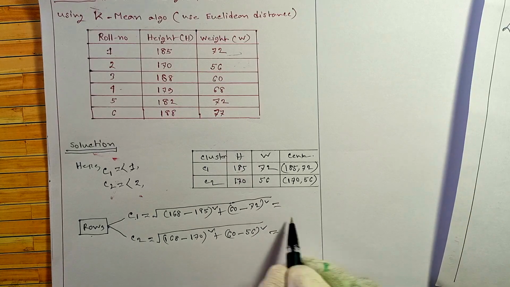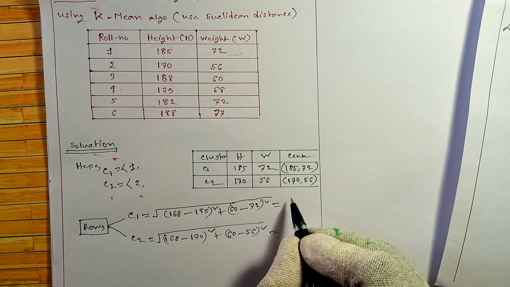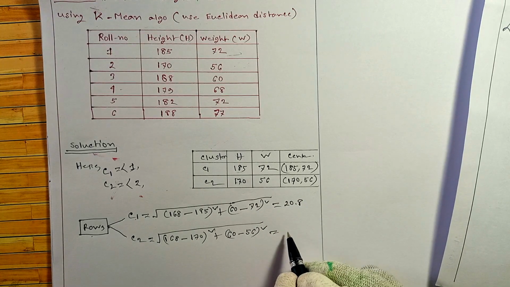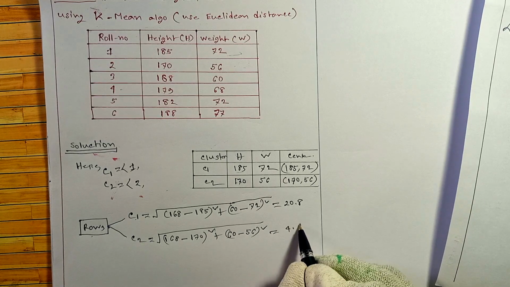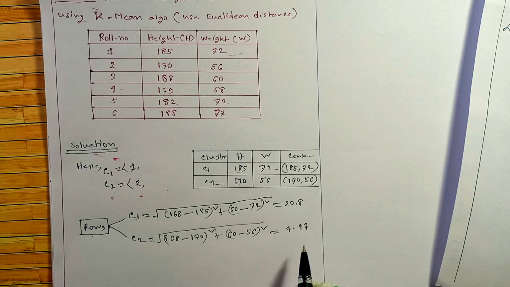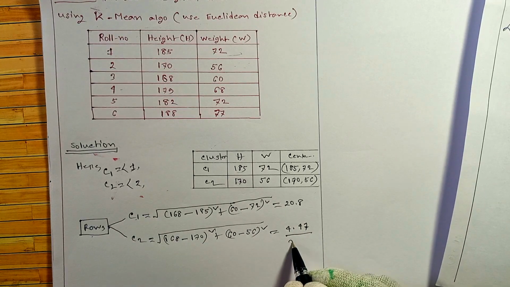After calculating, the final output will be 20.8 for c1, and in this case the final output will be 4.47. Among these two values, c2 is minimum. This one is minimum.